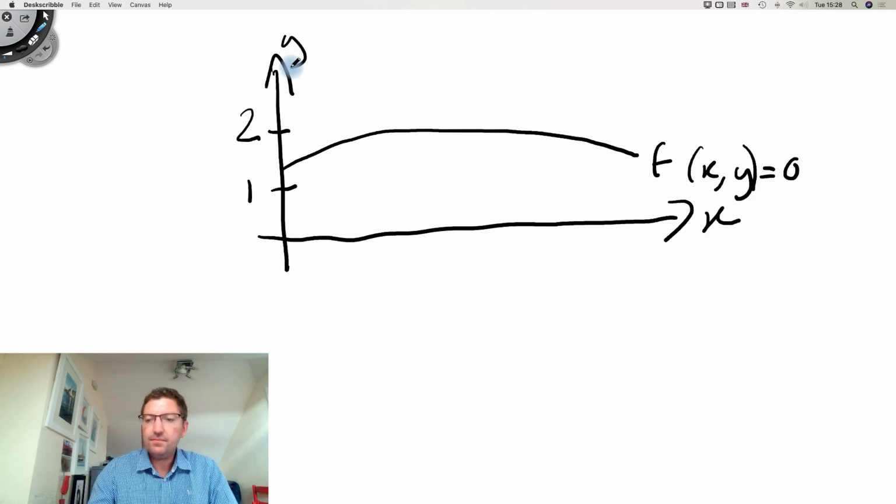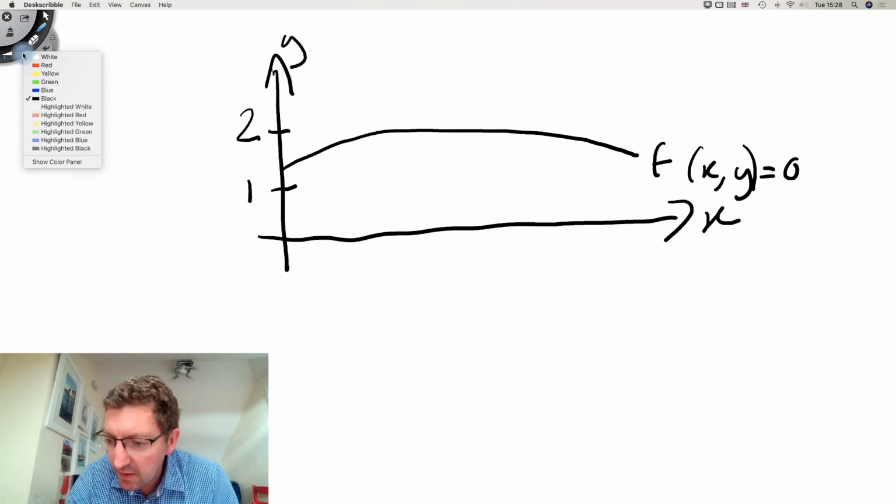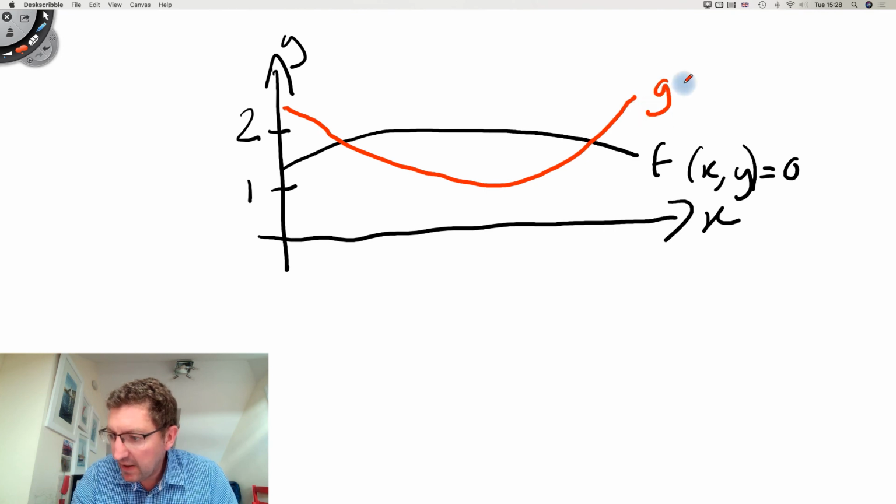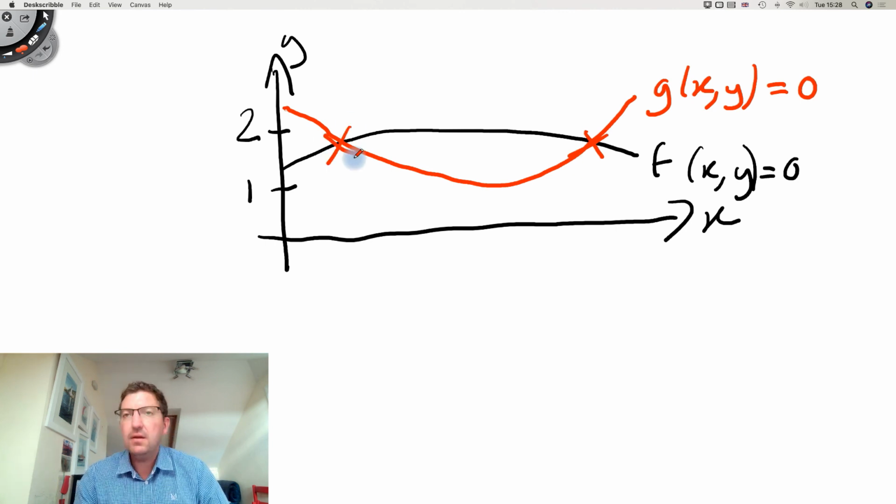And then if we just do it in red here, you have g of x of y is 0. And when they both are satisfied, that's where the roots are.